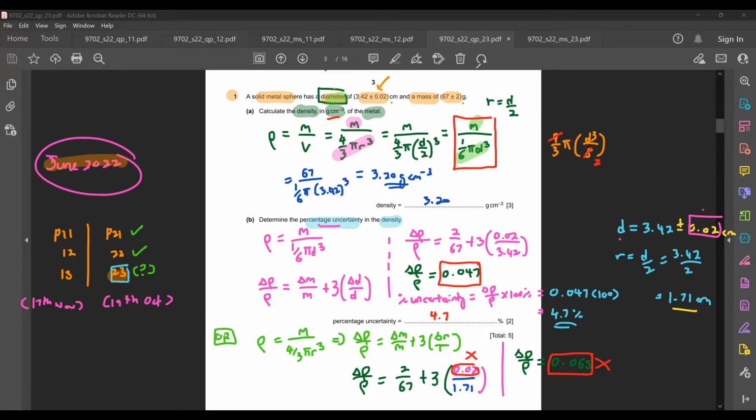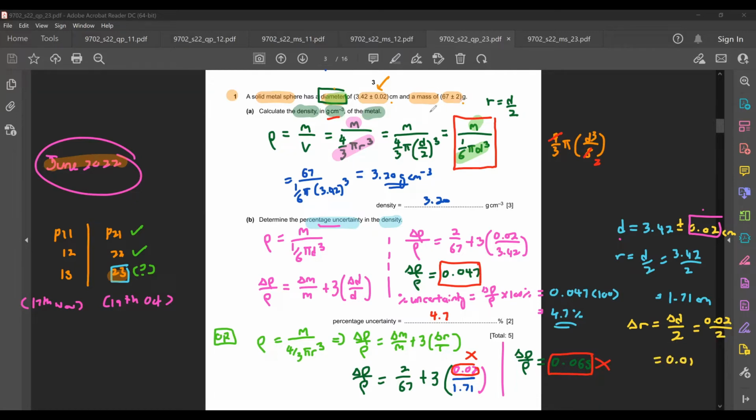What you should have done was to also find the absolute uncertainty for your radius, which would be half the absolute uncertainty of your diameter. So this one should have been 0.02 divided by 2, giving you 0.01.